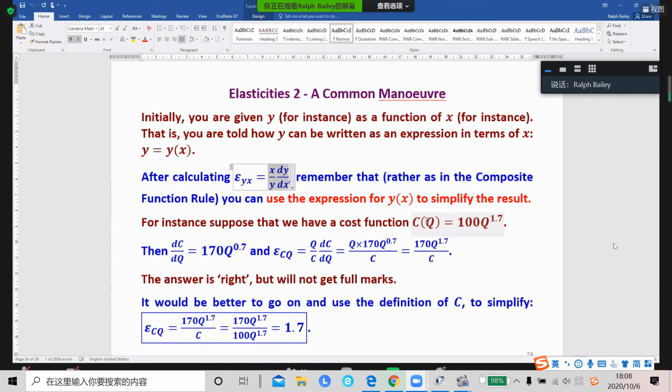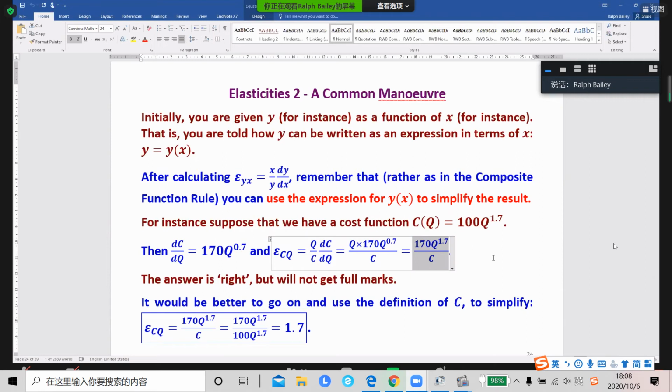Well, you go ahead and do that, and you do it all correctly. You work out the derivative function, you multiply by Q over C, and you get this expression. And it's correct. But it won't get full marks because it can be simplified.